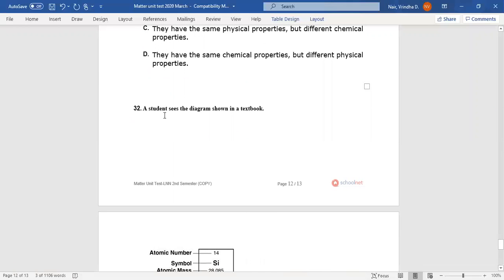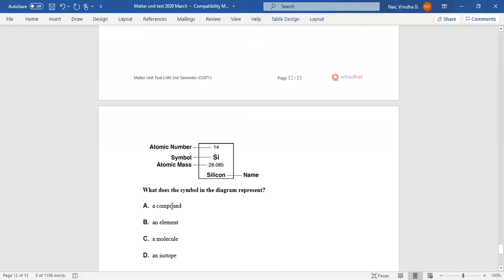Question 32. A student sees the diagram shown in the textbook. There's a diagram that shows the atomic number, symbol, and atomic mass. What does the symbol in the diagram represent? Is it a compound? Is it an element, a molecule, or an isotope?